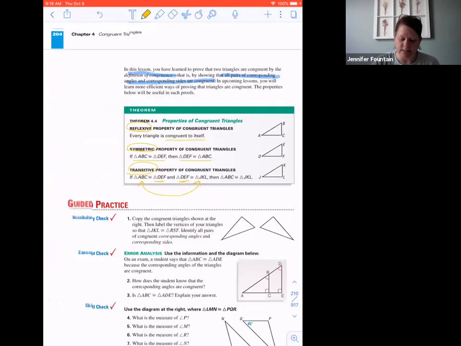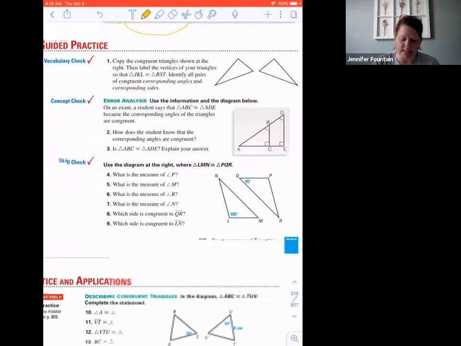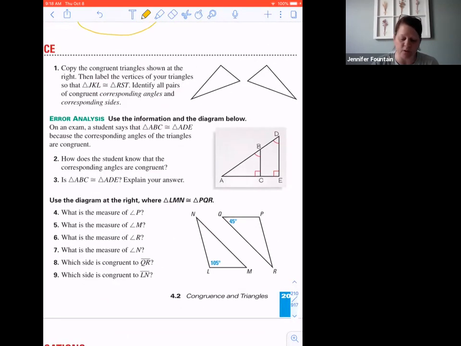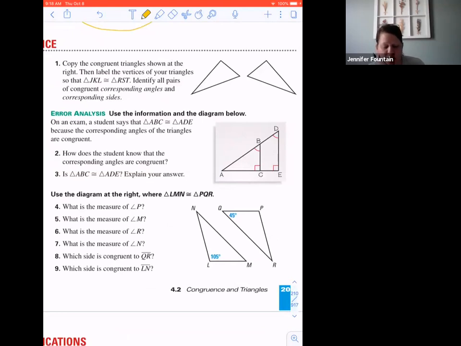All right, in this section we've got our guided practice, and it says to copy the congruent triangles shown at the right and then label the vertices of your triangle so that triangle JKL is congruent to triangle RST. Let's check our time. It's 9:18, so we only have 2 minutes till break.